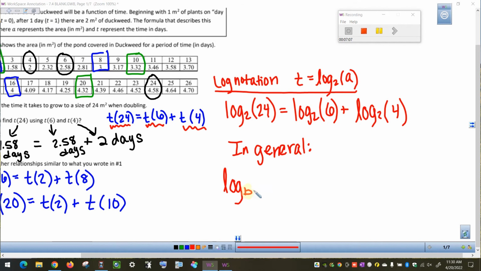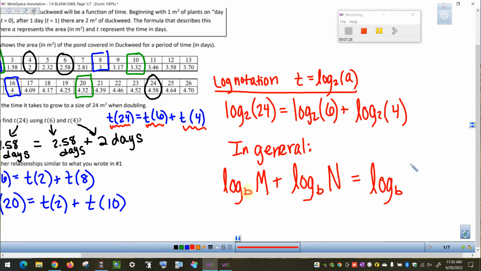Technically, it could be any base. And then whatever it's being of, I'm just going to call that m. So really that m could represent a number, like over here it's 6, plus log base b of n, that would be something else, is equal to log base b of m times n.